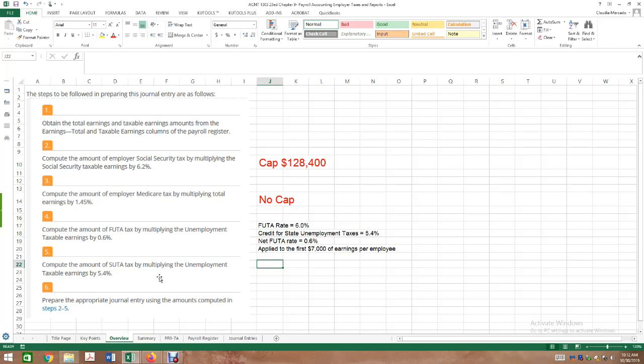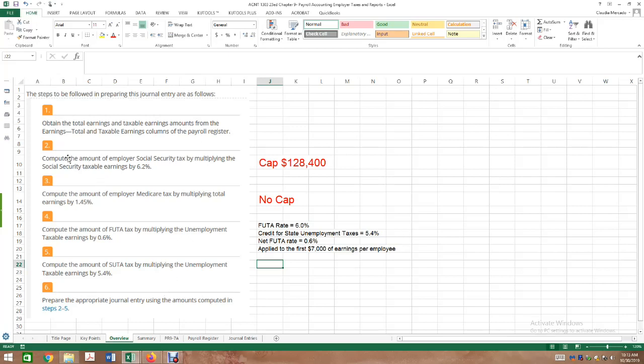Your textbook speaks very little about it, but if you do take payroll accounting, we will go into more depth about SUTA tax, so I don't want to confuse you. We're just going to use what it says. They make it very simple. It's not as easy as it is. Each state has its own rates. In this case, they're asking us to use the 5.4%, and that is what we're going to be using. So we have to calculate Social Security, Medicare, FUTA, and SUTA.